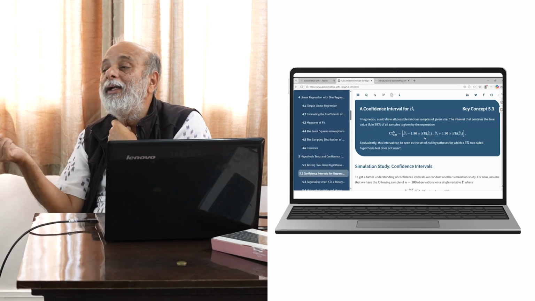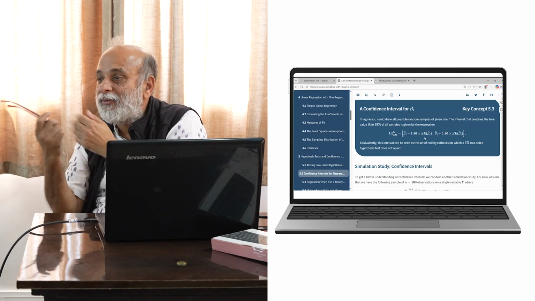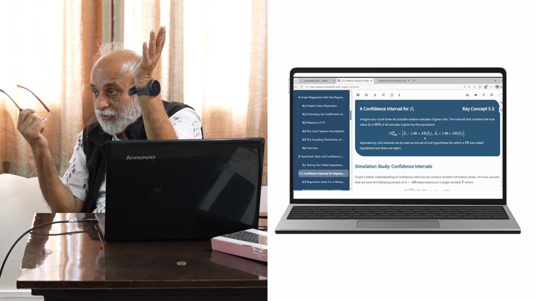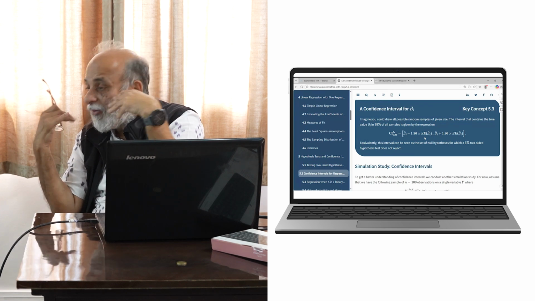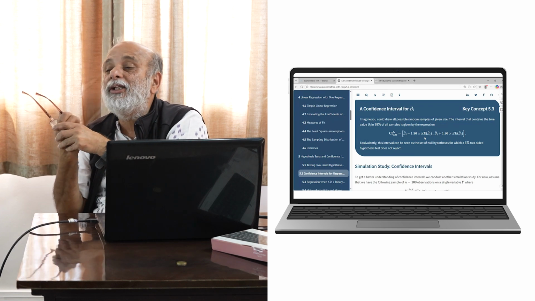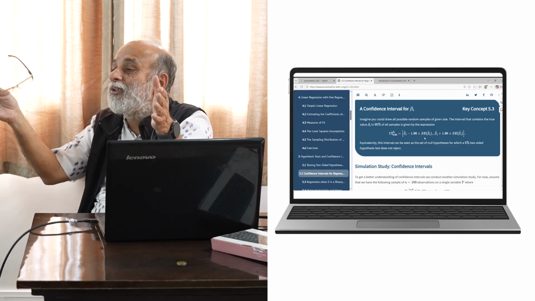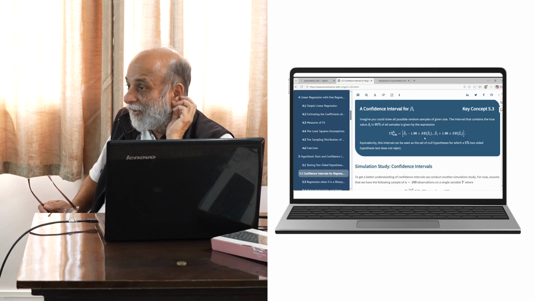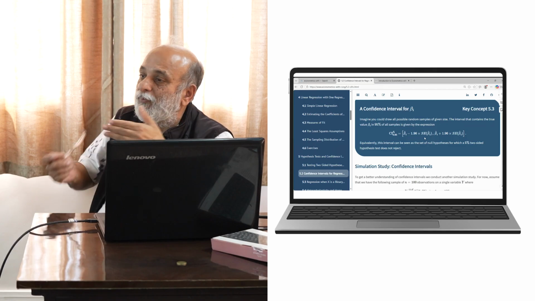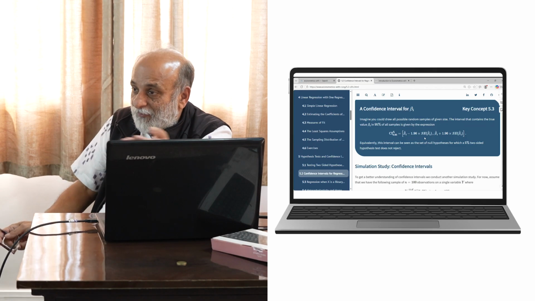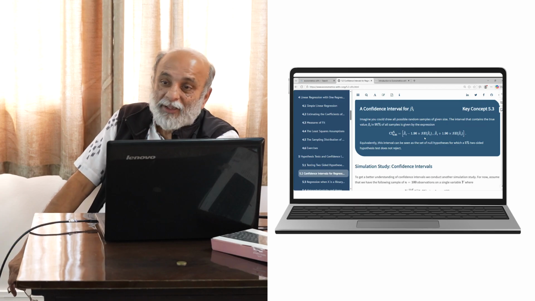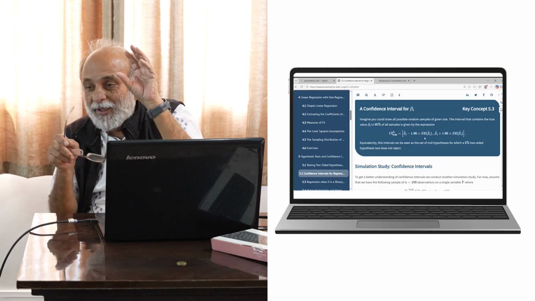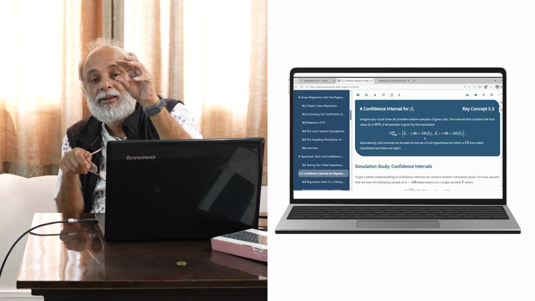If you want to make it 99%, then that 1.96 will have to change to the appropriate value for the standard normal distribution. If you have a small sample, then that will depend upon the t distribution. You have to find a 95% value for the t distribution for whatever degrees of freedom. For a very large sample, we know that it doesn't matter. So this is for large samples. But for a small sample, that value will have to be taken from the t distribution. So the estimated value plus.